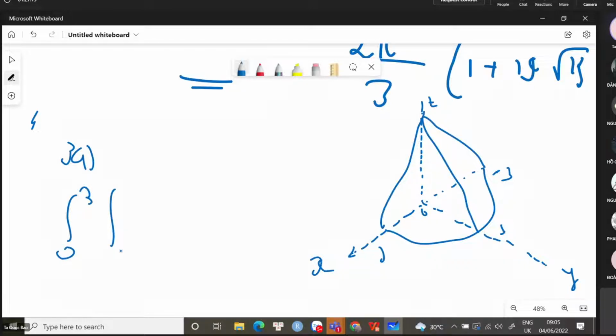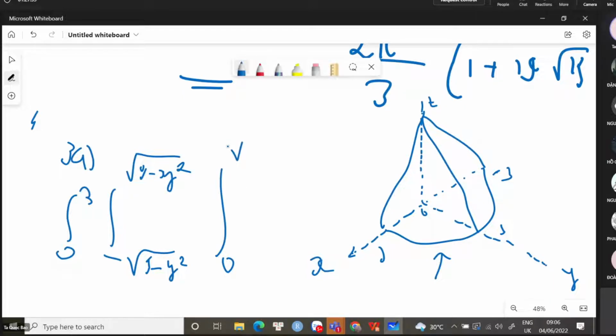Integral from minus square root 9 minus x, y power 2, and now not x here, 0, y power 2, and square root 9 minus y power 2, integration from, now you can look at here, this is from 0 to 9 minus 3 square root x power 2 plus y power 2. Okay, dz dx, not dy, dx and dy.